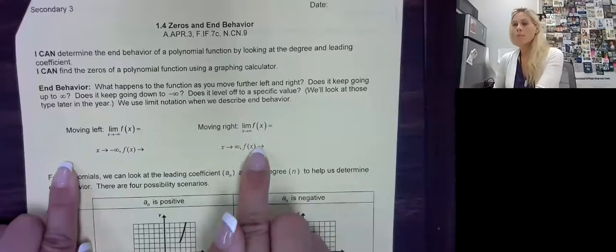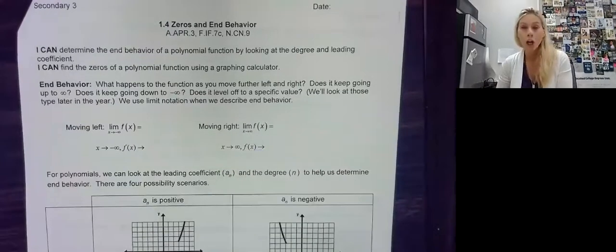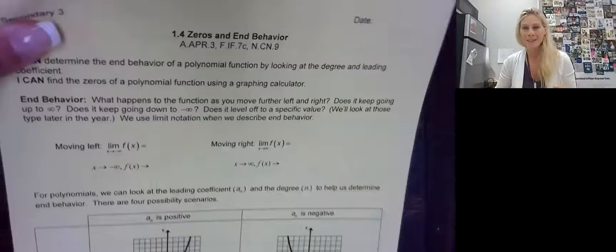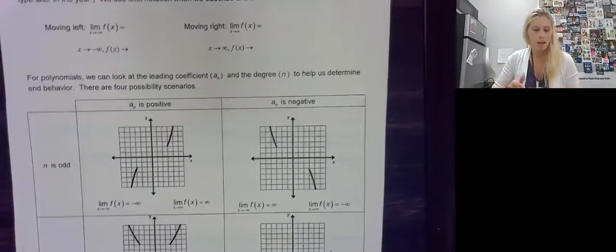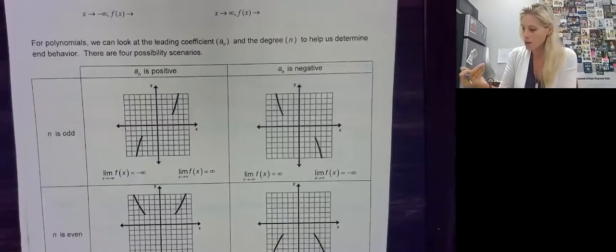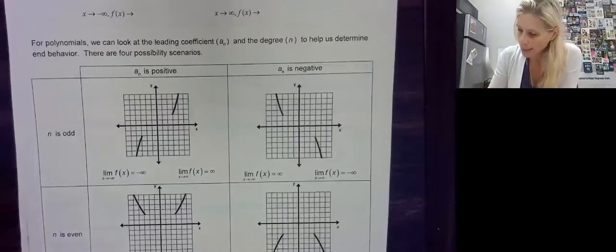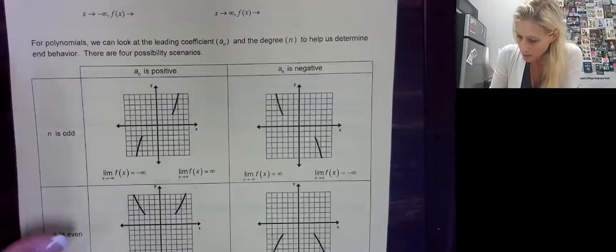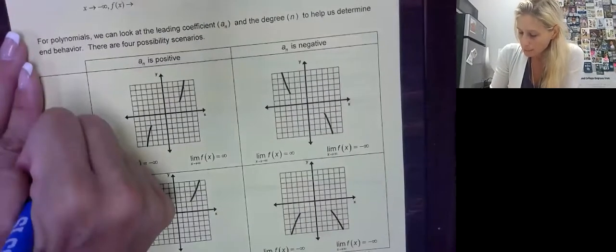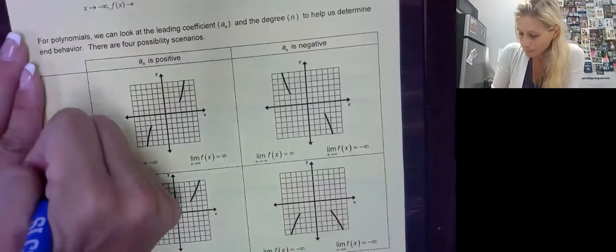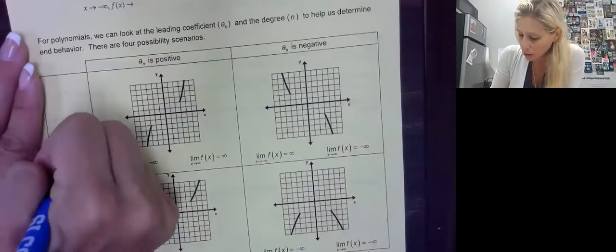So here is a chart to help you analyze some things, okay? First of all, when we are talking about n, we are talking about the exponent. And specifically, we are talking about the largest.